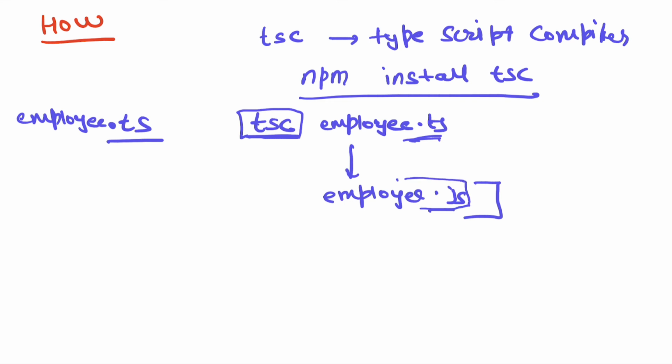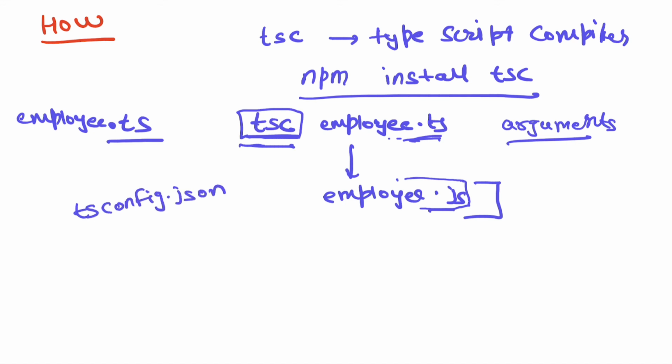There are a lot of other configurations also, which you can specify in two ways. Either you can specify them while running the command, let's say tsc employee.ts, and then give certain arguments related to the configuration of tsc, or you can define tsconfig.json.